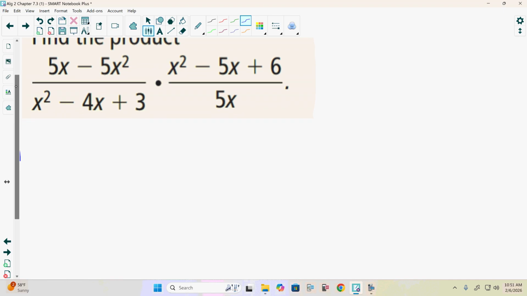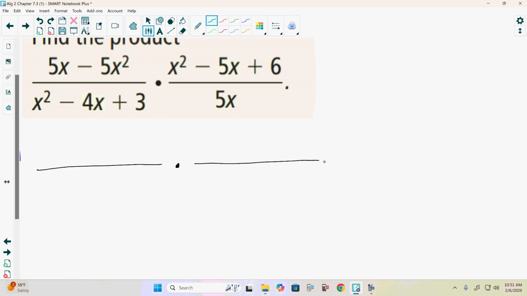5x minus 5x squared over x squared minus 4x plus 3 times x squared minus 5x plus 6 over 5x. So the first thing we need to do before we start multiplying is factor all 4 spots, as far as we possibly can.